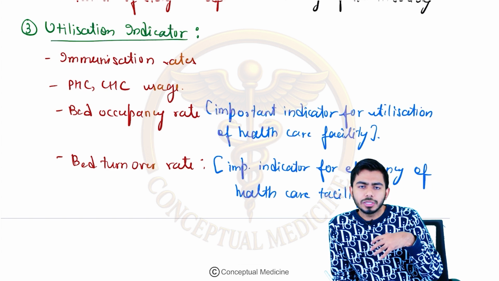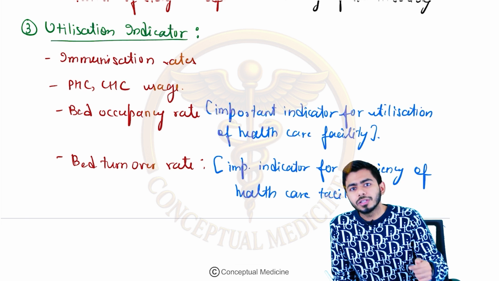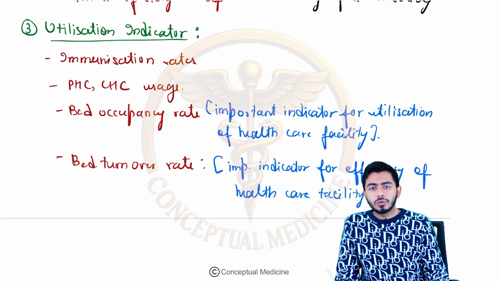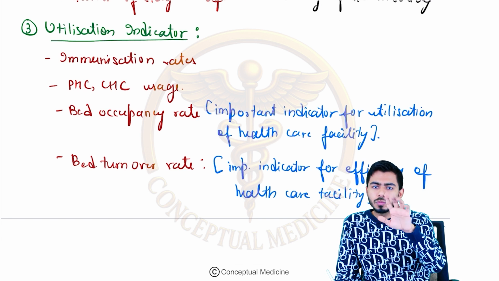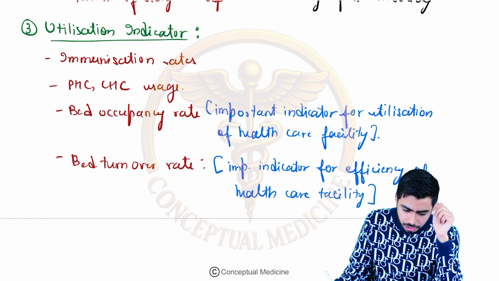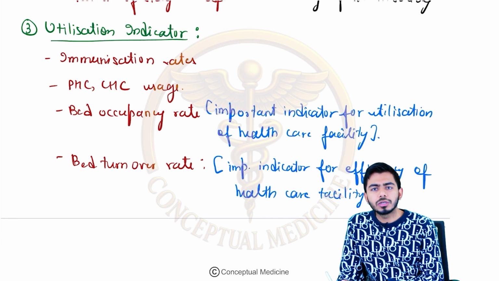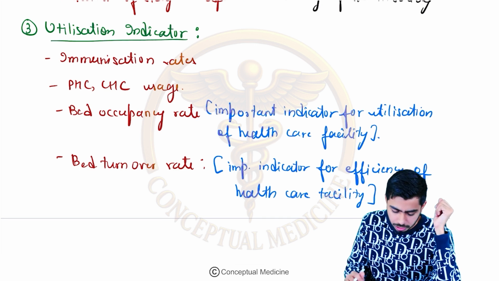But if they are asking the best indicator for utilization of healthcare facility, there is a difference between utilization and efficiency. For utilization, it is bed occupancy rate. So be very clear with that. And they come in the utilization indicator.